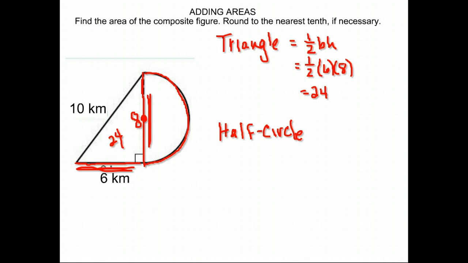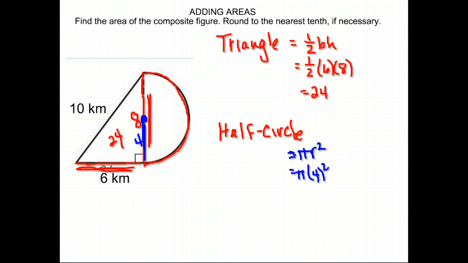Okay, now we're going to work on that half circle. So we're going to work on a full circle and then we'll cut it in half. The formula for the area of a circle is pi times the radius squared. The diameter of our circle all the way across is 8. The radius is just halfway across, which would be 4. Half of 8 is 4.